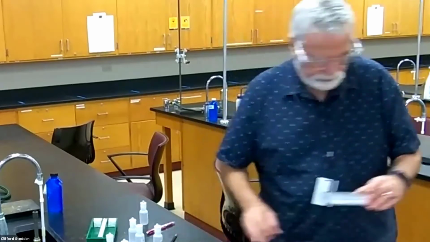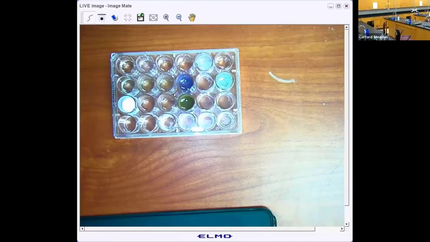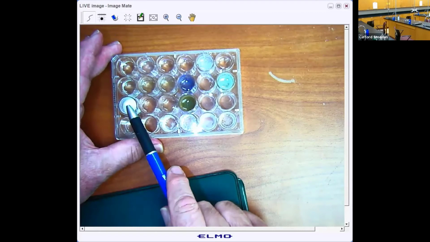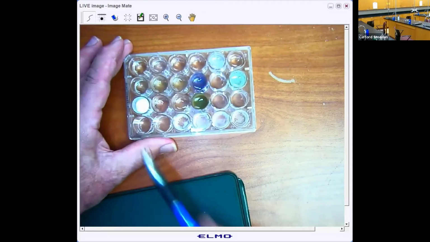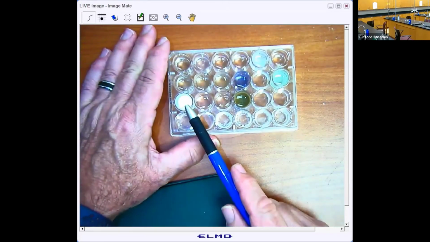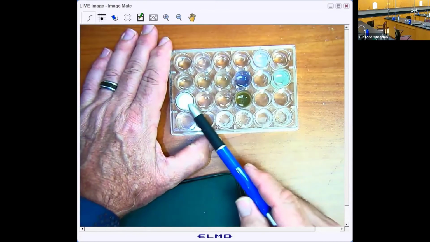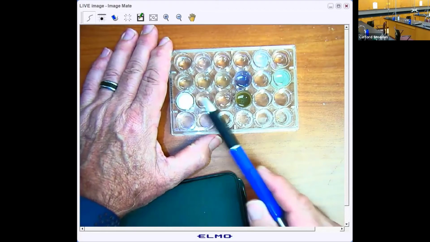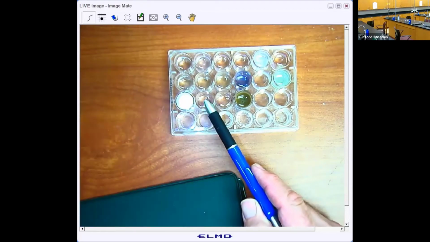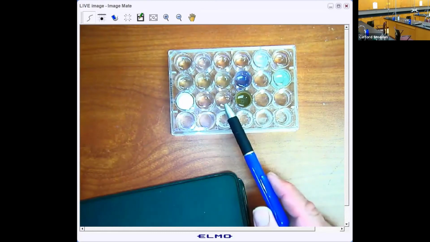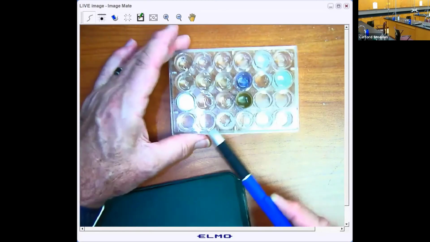Look at these a little closer. Okay, so this is what I got for the silvers. This row right here, these 4. This one is the hydrochloric acid, just as you'd expect, very milky white precipitate. This one is the sulfuric acid, nothing there. This is the ammonia.